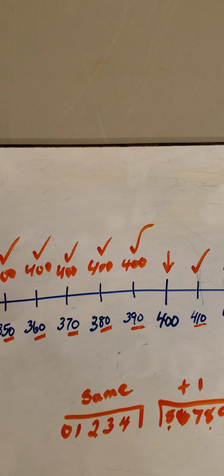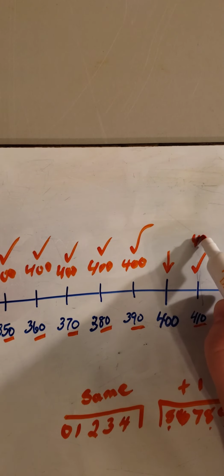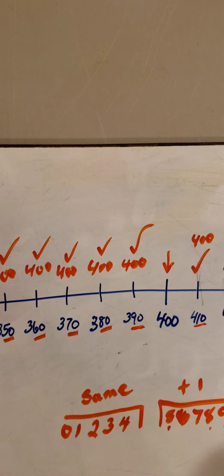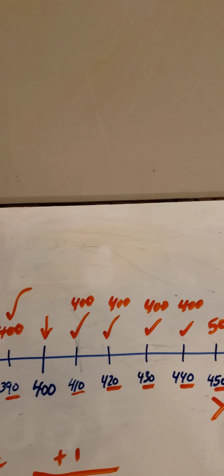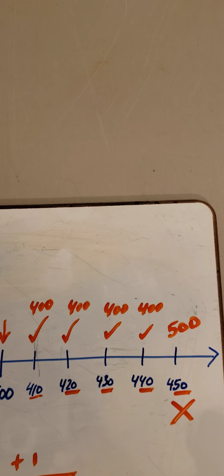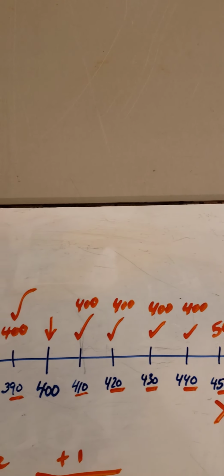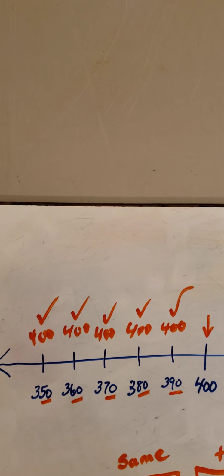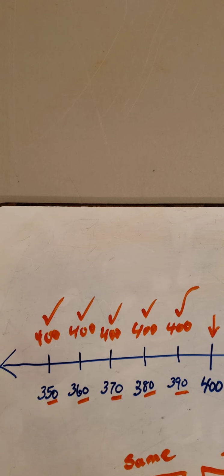All right, so I have quite a few choices because I have 400 as rounding by 10, everything that's got a check mark. So if I look at all these options, all of those round to 400.